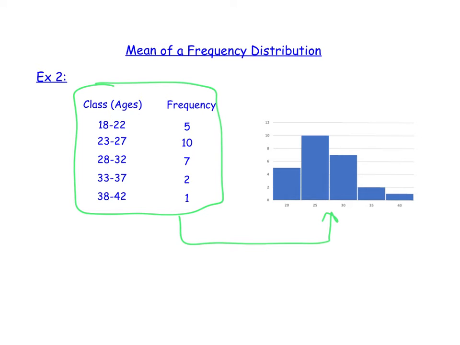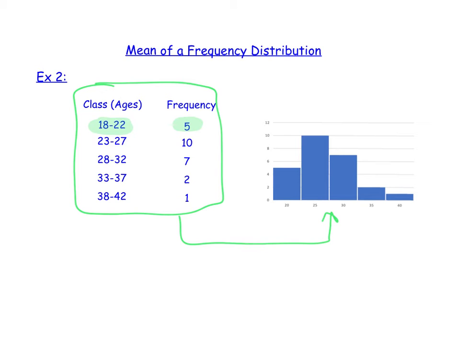And so the problem is, let's say we look at this first row in this data set. It says the ages 18 to 22, there were 5 people in that group. Now the problem is, were they all 18? Were they all 22? Because that's going to be a big difference.